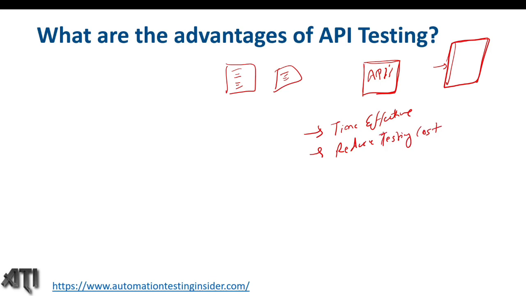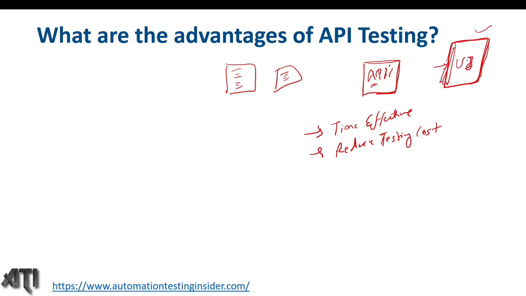Now how does it reduce the testing cost? Let's say we get some defects in the UI before the API is ready and we are testing it. Those will be bigger defects when encountered in the UI.